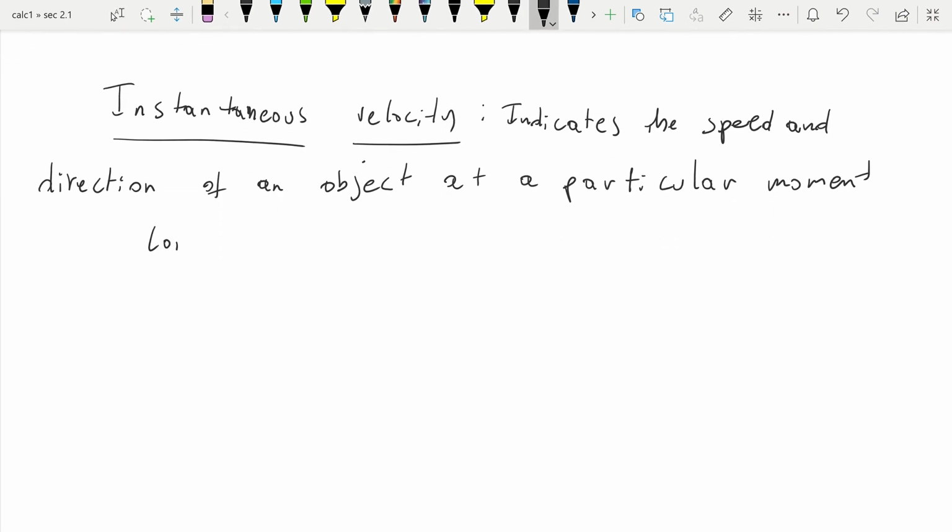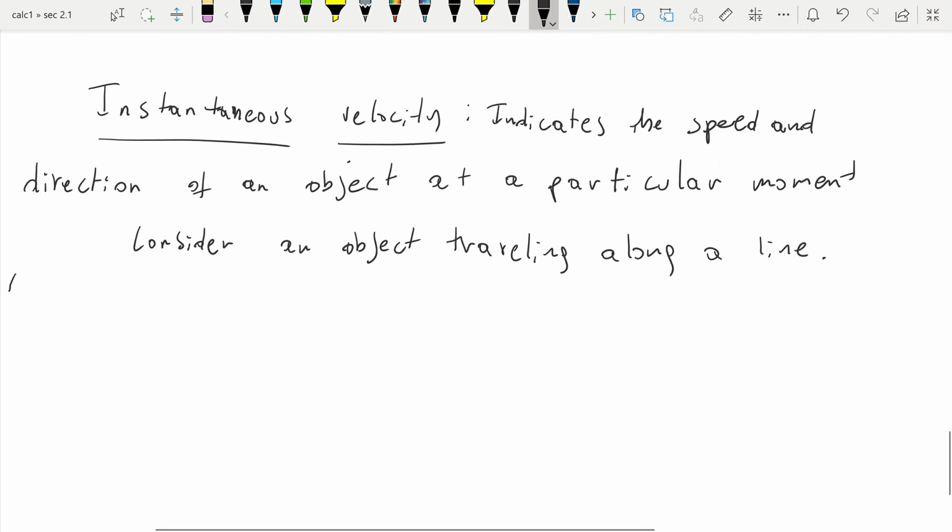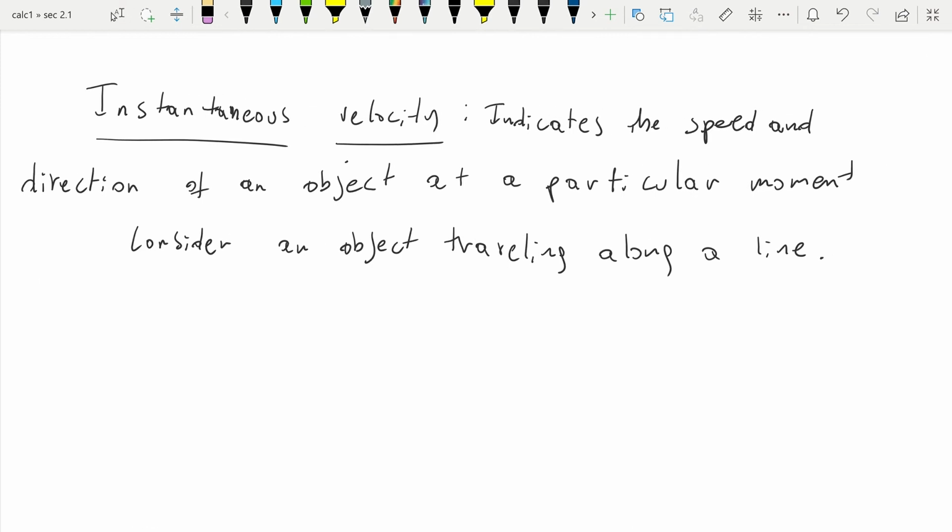If we consider an object traveling along a line, so that's the simplest situation that we may find, where we need to define velocity, here there's only one direction.